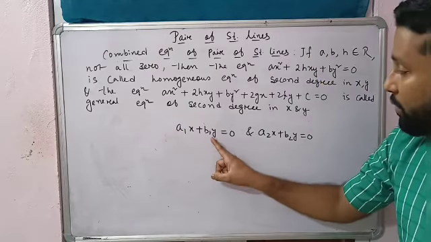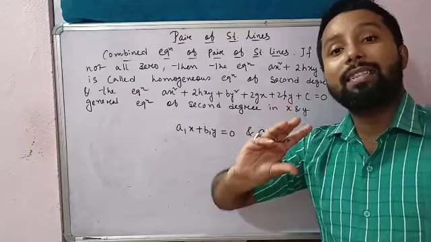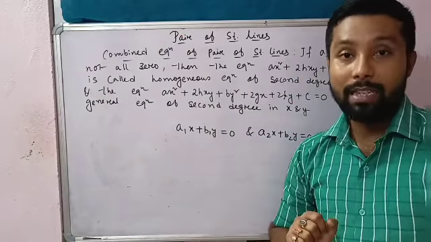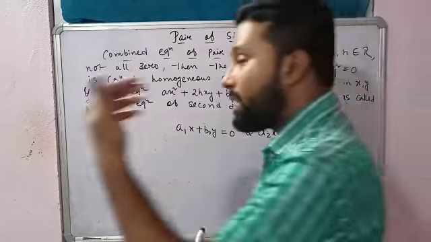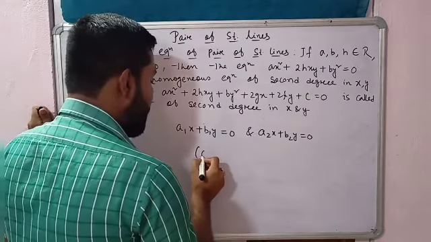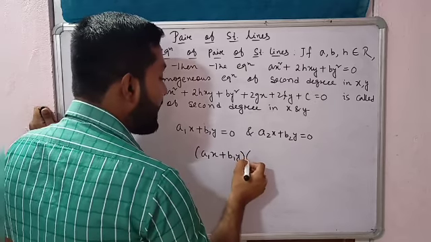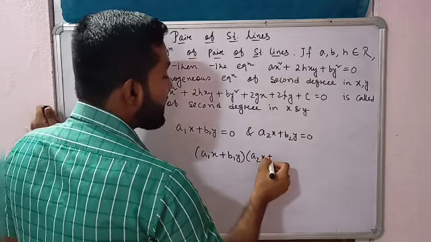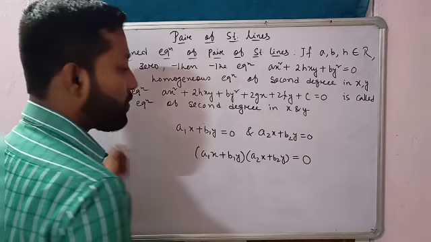So the combined equation of these two straight lines which pass through the origin, listen, is, look at here, a1x plus b1y into a2x plus b2y, this is equal to 0.